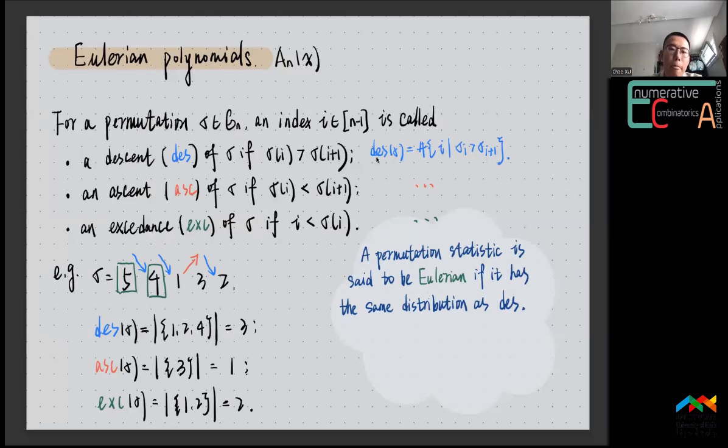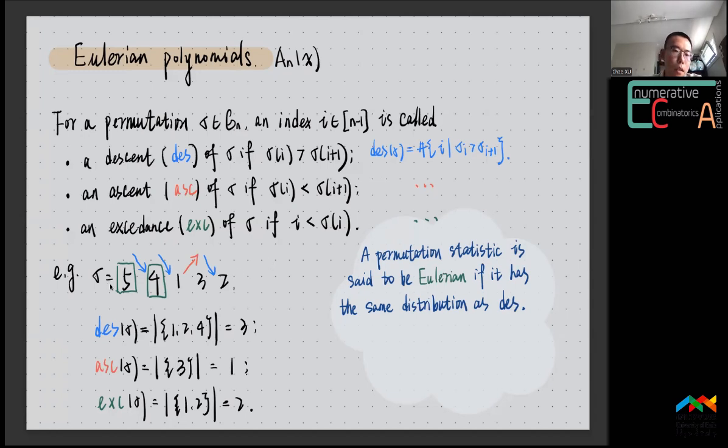Here we use the abbreviations DES, ASC, and EXC to denote the cardinality of the descent set, the ascent set, and the excedance set.